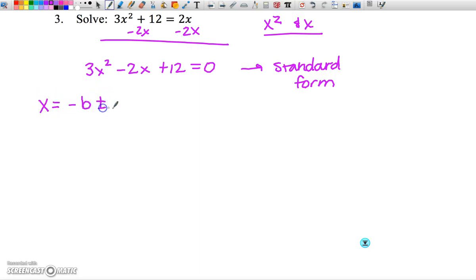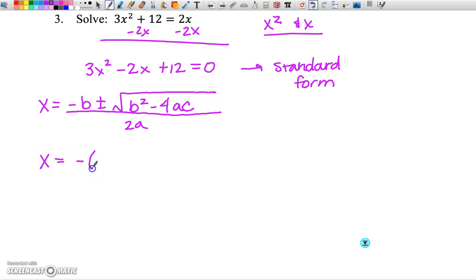So negative b plus or minus the square root of b squared minus 4ac all over 2a. All right. So negative, now plug in your b, which is negative 2. So be really careful with that negative of a negative 2. When you're plugging these in, this whole thing here is your b, but you're only putting it right here.